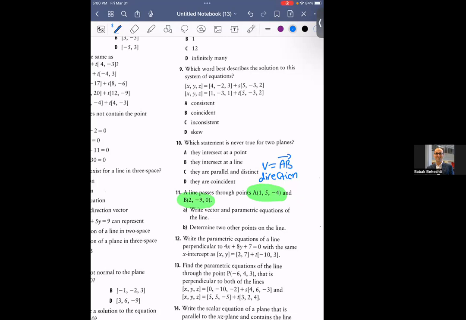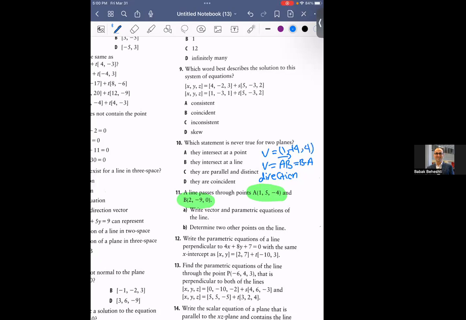What is AB? AB is B minus A, as you know. So the direction vector V is equal to B minus A: 2 minus 1 is 1, minus 9 minus 5 is minus 14, and 0 minus minus 4 is 4.